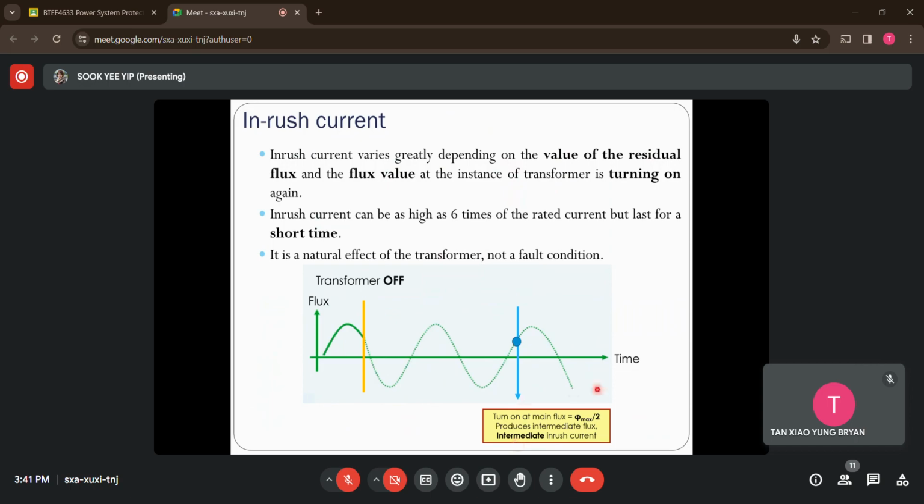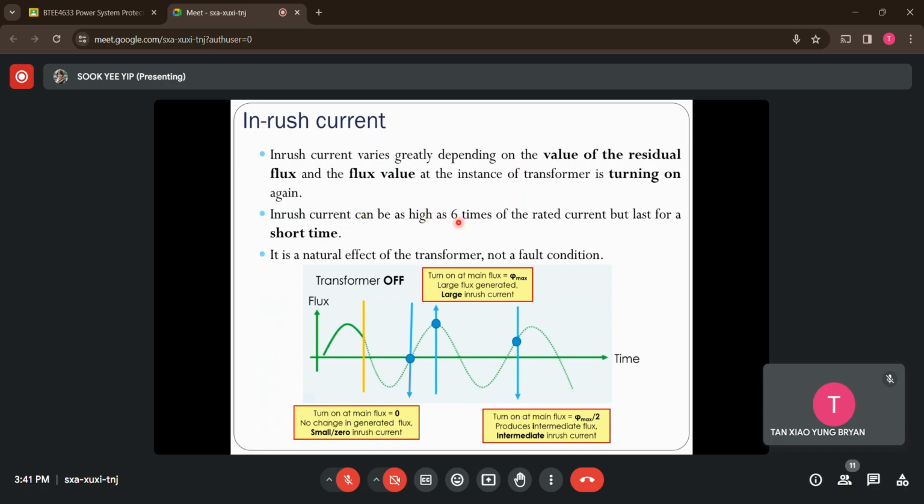So you can see that based on the time you turn on the transformer and the value of the residual flux, the inrush current magnitude is not the same. This current value can reach as high as 6 times the nominal current value, but it will not stay for long durations of time.